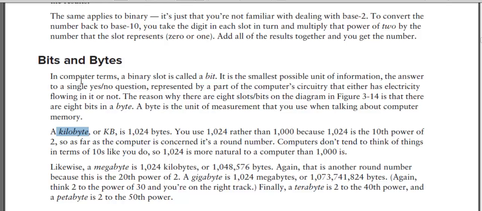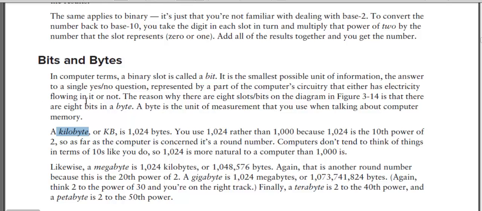As far as the computer is concerned, it's a round number. We usually want to talk about round numbers like 1000, but for a computer, 1024 is more of a round number than 1000 because 1024 is a power of 2. Computers don't think of things in terms of tens like you do, so 1024 is more natural to a computer than 1000 is.